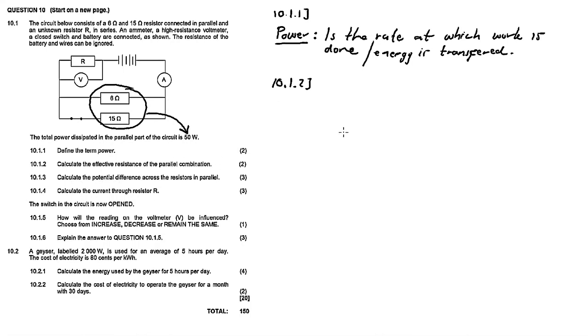The effective resistance for the parallel connection: 1 over RP, where the P stands for parallel. This is how we calculate the total resistance.